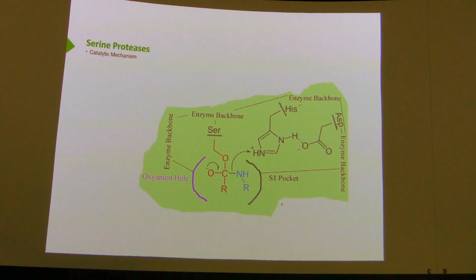The oxyanion hole doesn't just magically appear, it's there the whole time, right? But the oxyanion hole provides an environment for a very unstable intermediate to fall apart. That's what it's doing. It's allowing an unstable intermediate to fall apart.